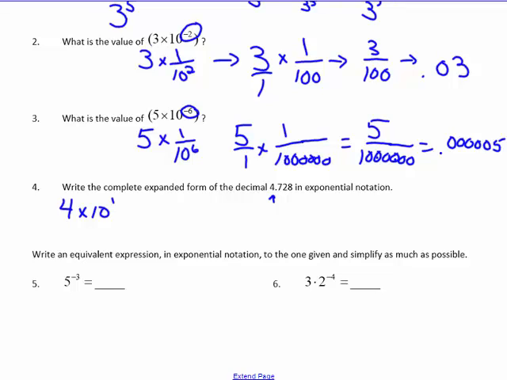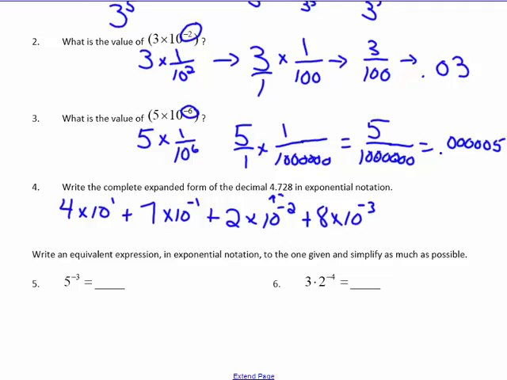Negative 6 power, 1, 2, 3, 4, 5, 6 decimal places. So the 7 is in the first decimal place, negative 1 power. The 2 is in the second decimal place, 10 to the negative 2 power. 8 is in the third decimal place, negative 3 power. And again, this is all leading to something we're going to be doing a little bit later called scientific notation.